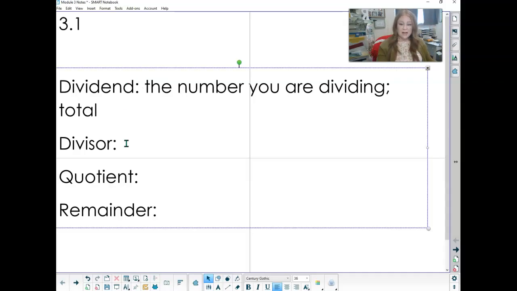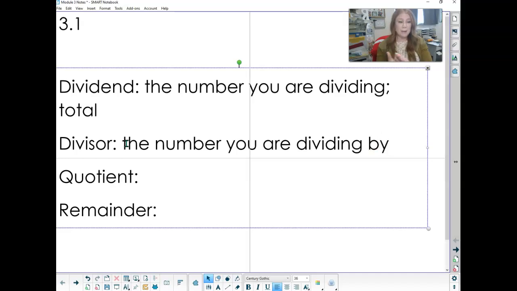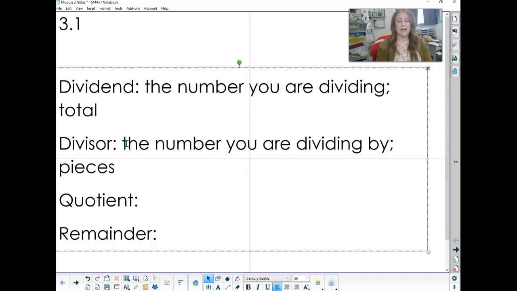And then the divisor, on the other hand, is the number you are dividing by. I like to think of it as the pieces that you're putting them into, or the groups that you are putting them into. So make sure you are writing these down and pausing as you need to.